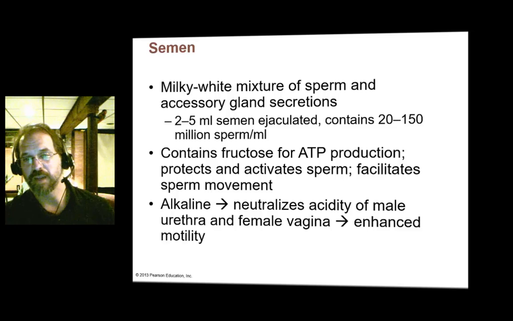In the ejaculate volume you have here, they give you kind of a low number. They give you 20 to 150 million. I've read a more typical number of about 450 million sperm per ejaculate. So that's a little low.